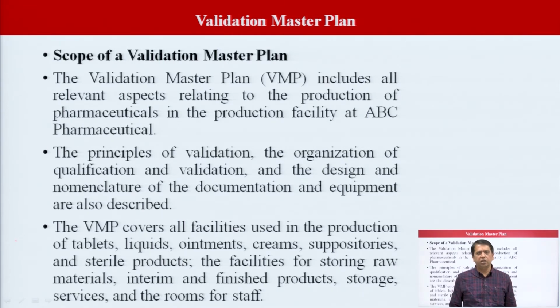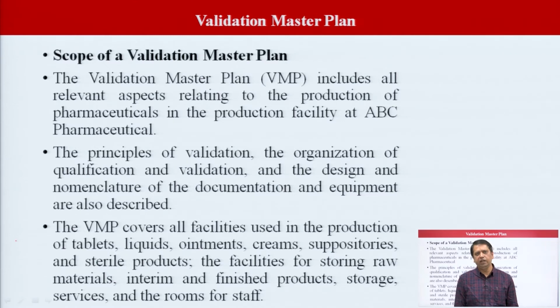The nomenclature, or the proper reference numbers of all documents as well as the equipment, should be established before performing the validation studies. And the validation master plan also includes the defined nomenclature of the documentation as well as the equipment, or any kind of design or facility that is going to be validated in the validation process.